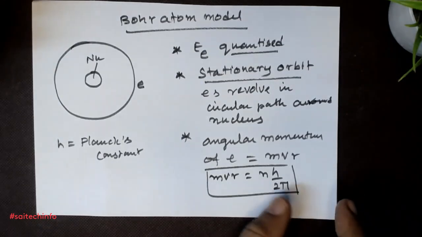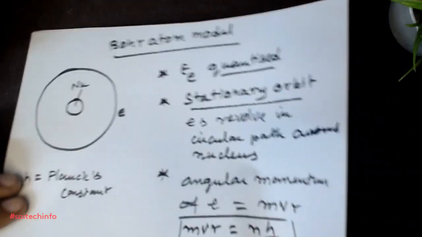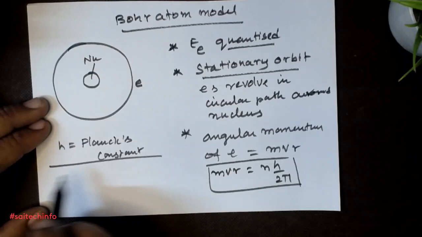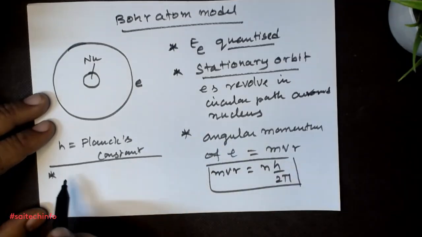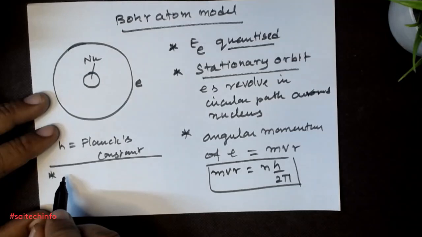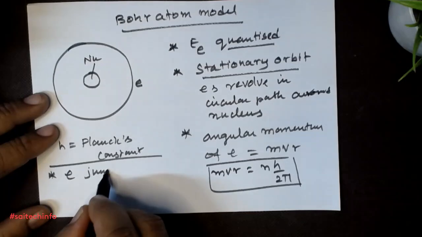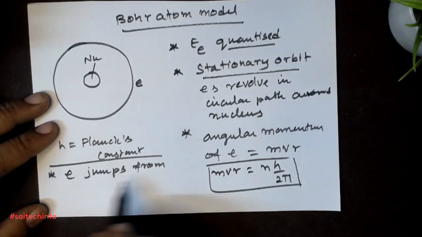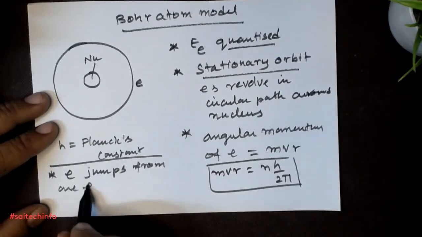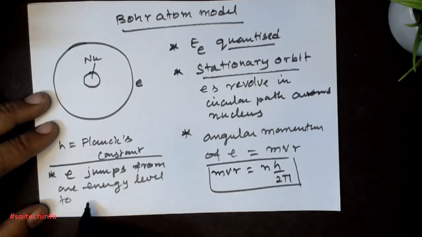And the fourth postulate is, let me write here: an electron jumps from one energy level to another energy level.